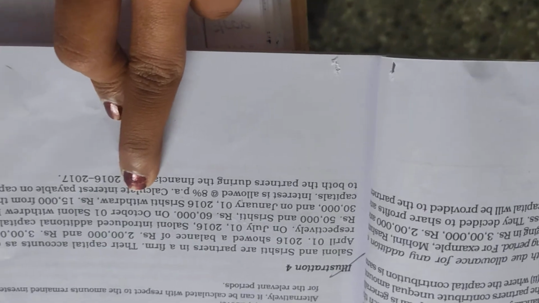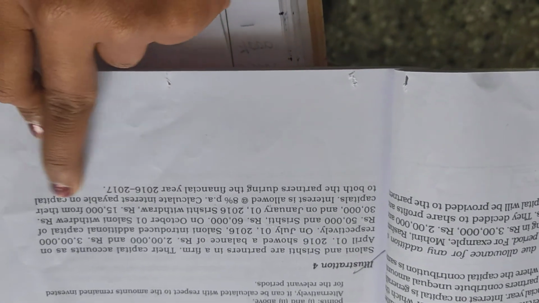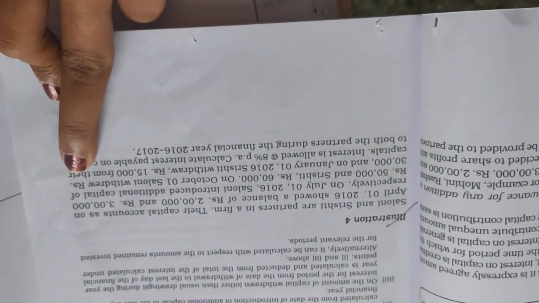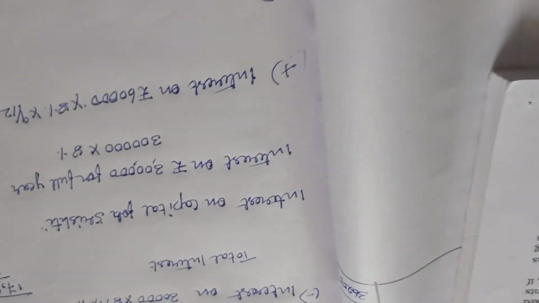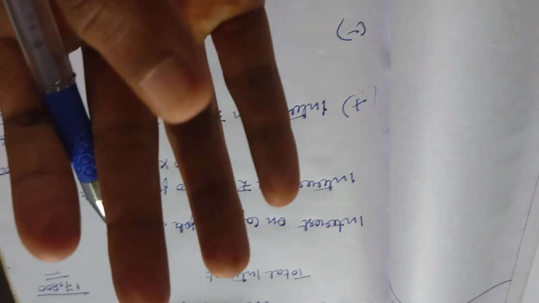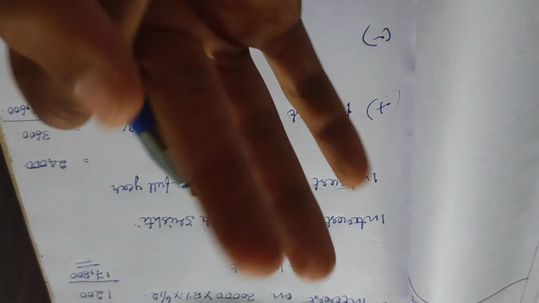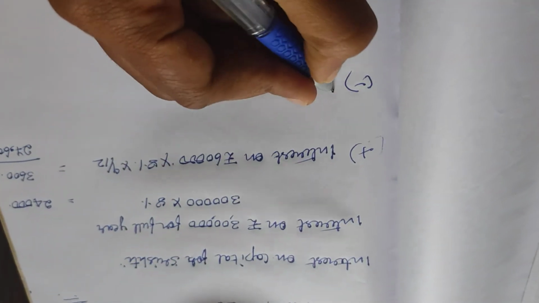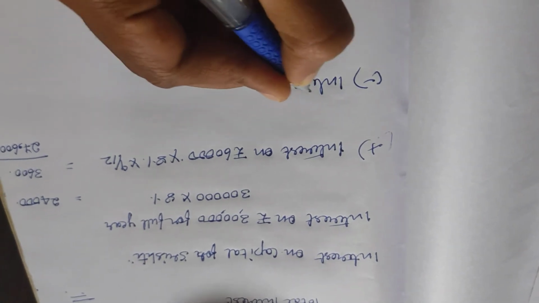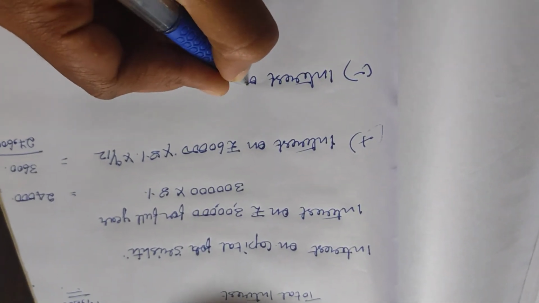Srishti also withdrew money, but see the date. On January 1st, Srishti withdrew rupees 15,000 from her capital. From January you have to count: January, February, March. For only 3 months we have to calculate the interest on drawings. As it is interest on drawings, we deduct it.